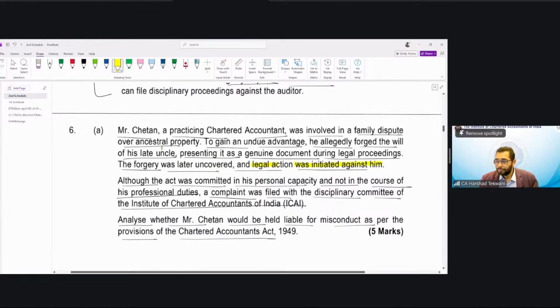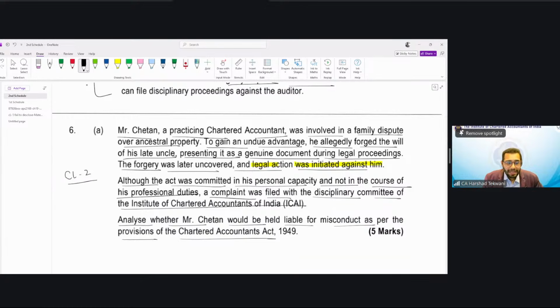The answer is no. I cannot invoke clause 1. But over here, I can invoke clause 2. The reason is that something has been done in his personal capacity which is bringing disrepute to the profession. He has done forgery in his personal capacity, and as a result there was disrepute to the institute and to the profession, that being a CA, he has done forgery. As a result, I will invoke clause 2.